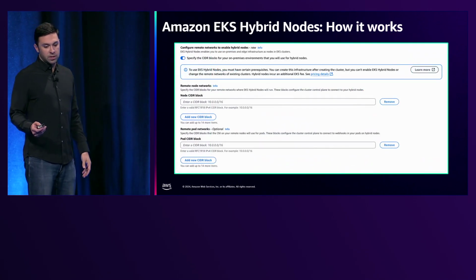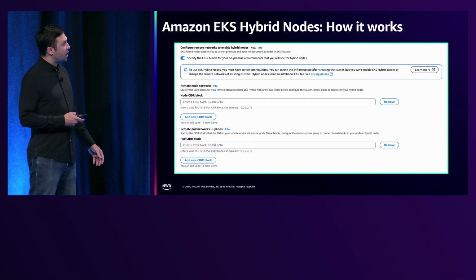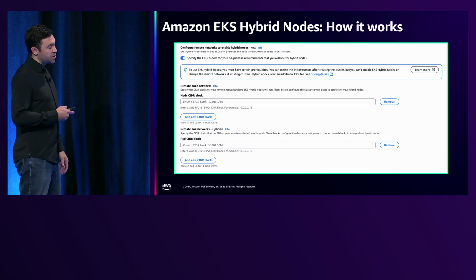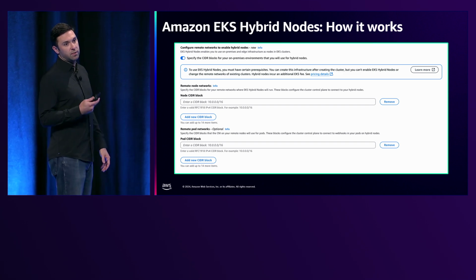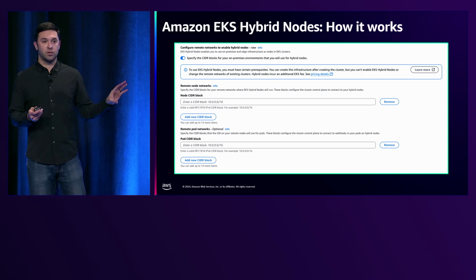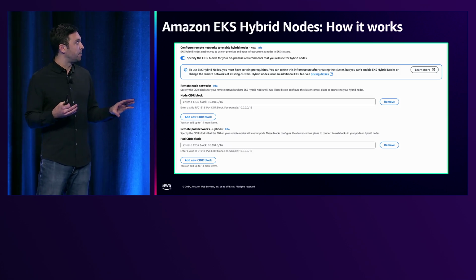And when you enable this toggle in the console, you're presented with these two new fields, this remote node networks and this remote pod networks. These are used to route traffic from the EKS control plane that runs in an AWS service account to the VPC that you pass during cluster creation.